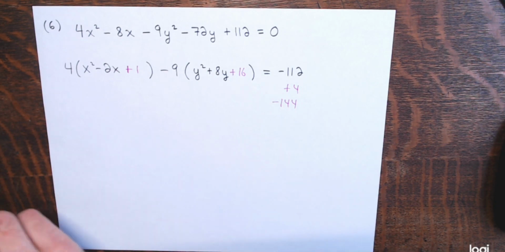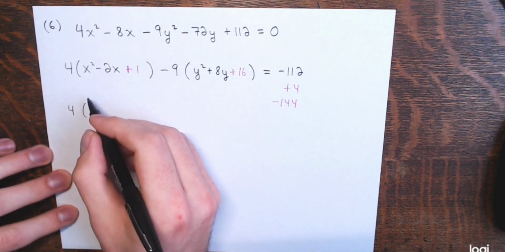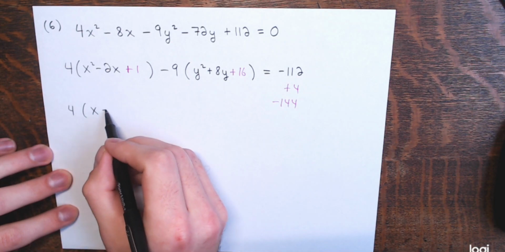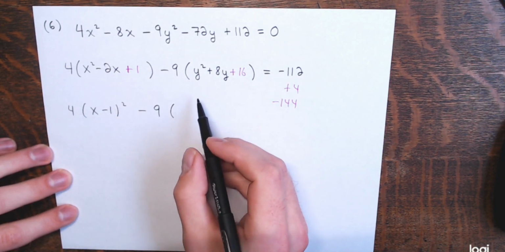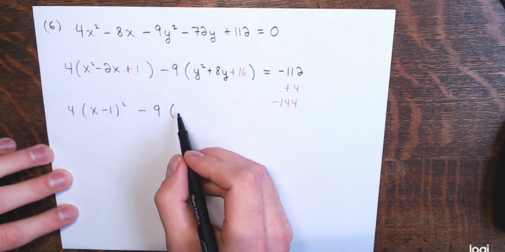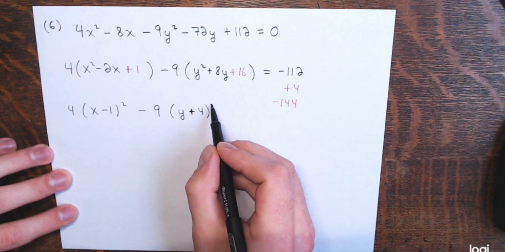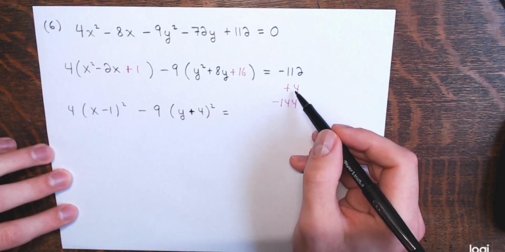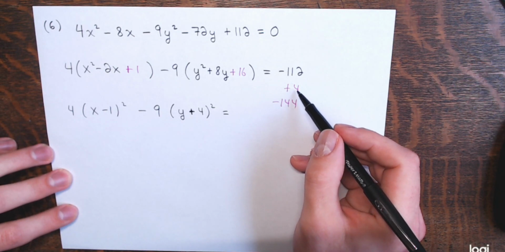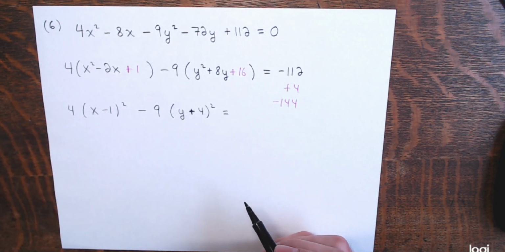Alright, so on the left side we got some squares, right? This is 4 times, and then x squared minus 2x plus 1 is x minus 1 squared, minus 9 times the quantity y squared plus 8y plus 16 is y plus 4 squared equals, and then negative 144 plus 4 would be negative 140, and minus 112 would be negative 252.